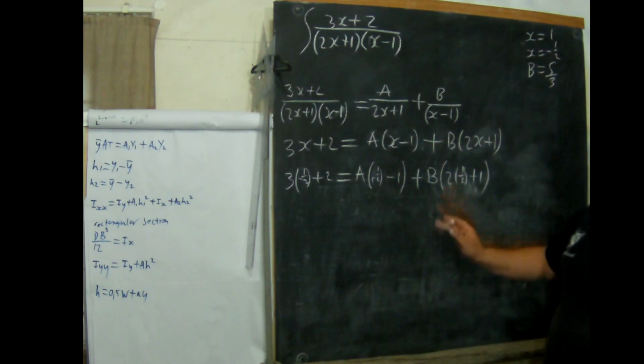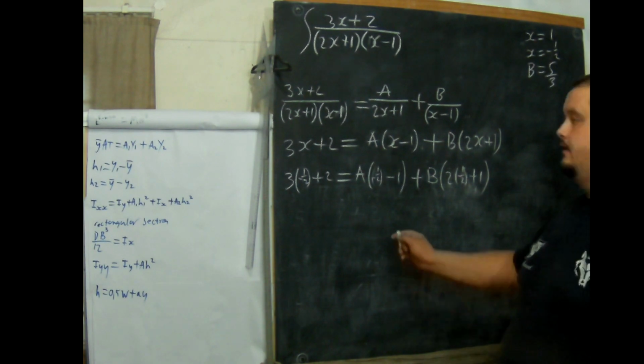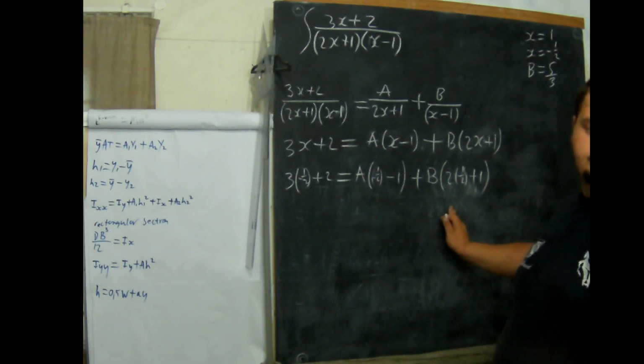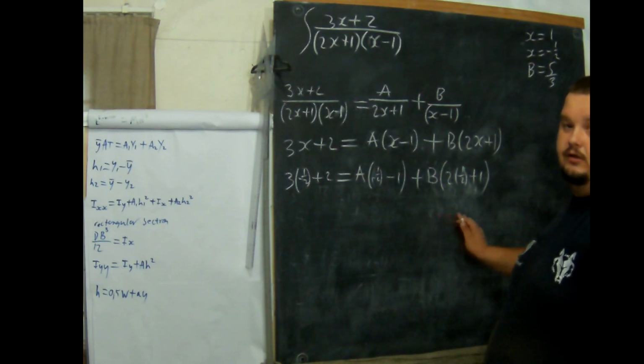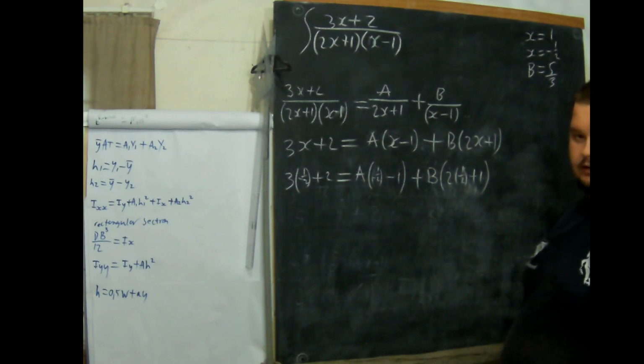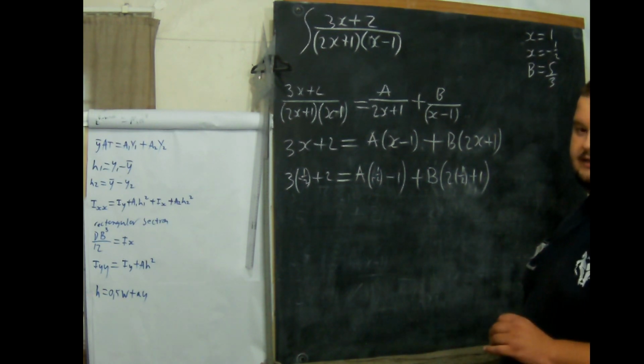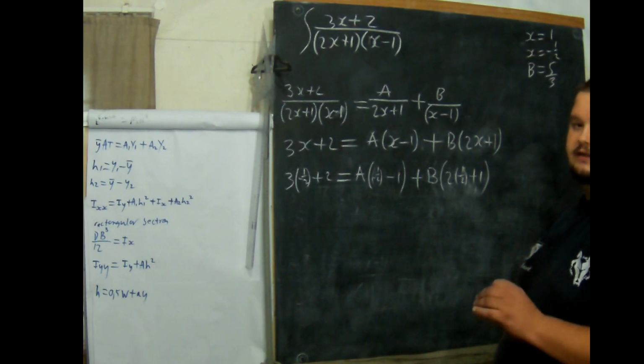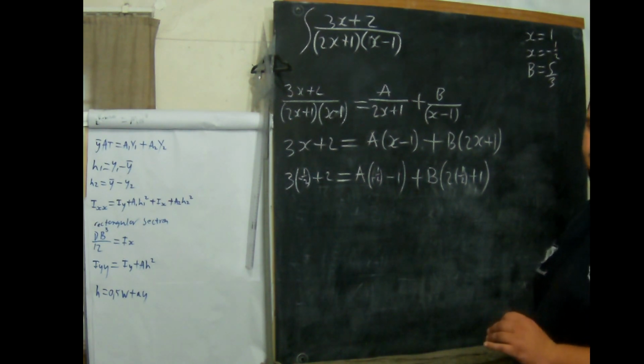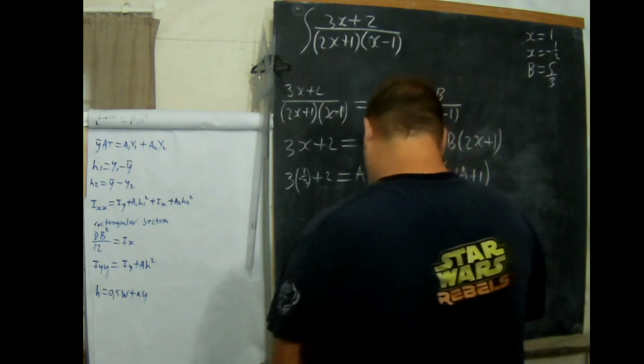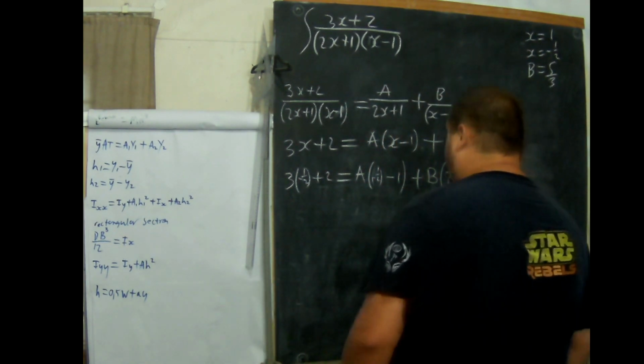I can erase and rub out, but you will write all this out as you go. It is long. It does take a bit of time. But you know what? If you do it slowly and carefully, you will get the right answers. Okay.